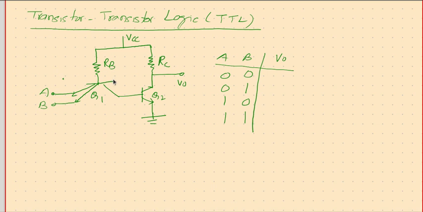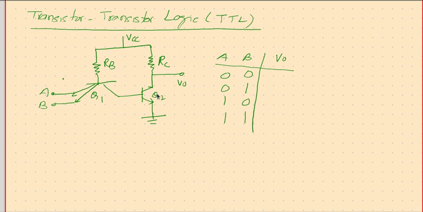So if A is 0, yes, the base emitter junction of A is forward biased. B is 0, so the base emitter junction of B is also forward biased, and hence there will be base current, and because of base current, the transistor Q1 will be in saturation, and hence this voltage will go down, and it will be pulling the current in this direction, and hence this transistor goes into cutoff.